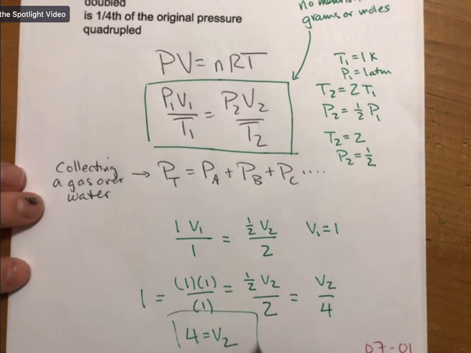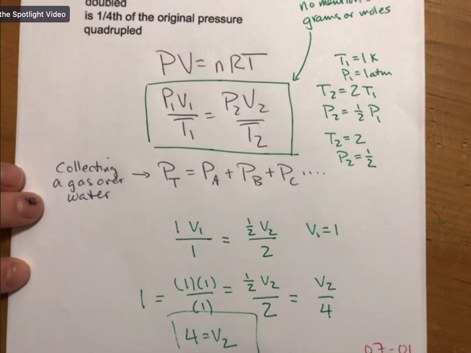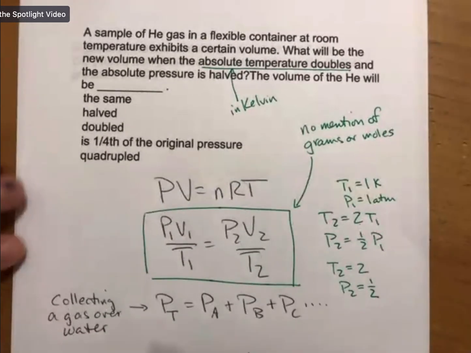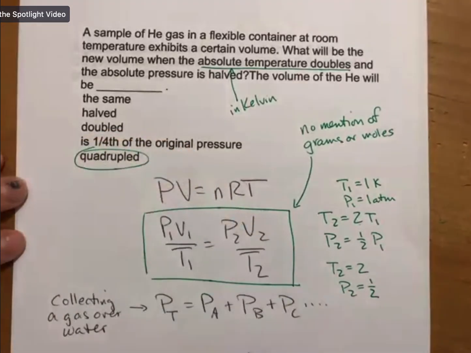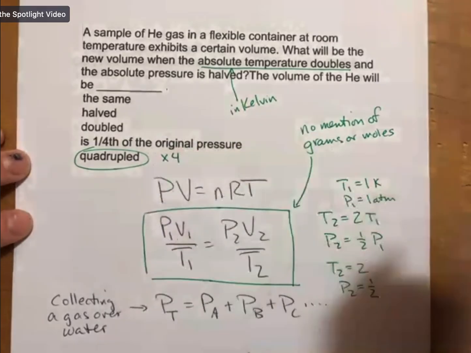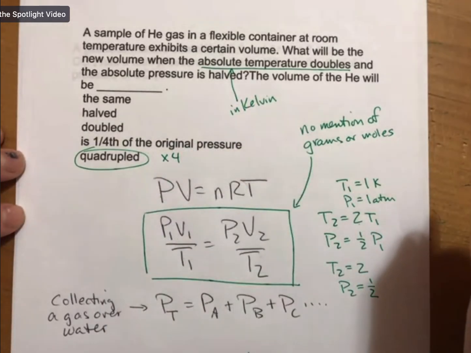Anyway, I get all the way down here to the bottom, and I see that V2 compared to V1 is 4 times what we started with. And that actually means it's quadrupled. Quadrupled means times 4. And so we would choose that one.